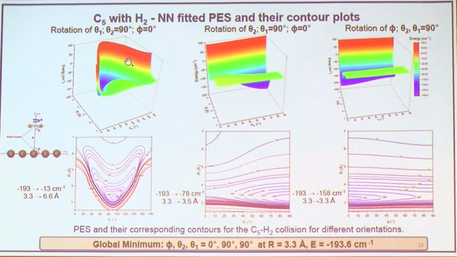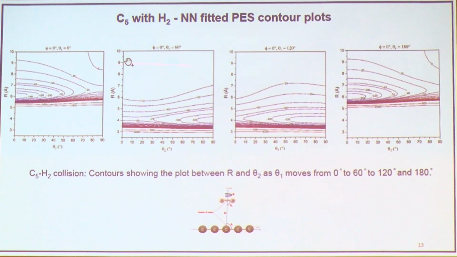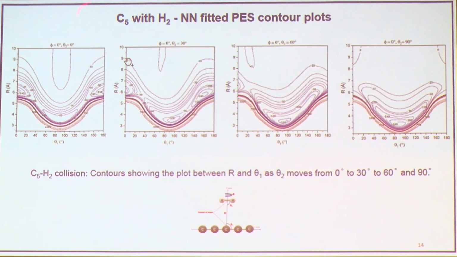That's the global minimum, and the well depth is found to be minus 193.6 centimeter inverse. These are some of the plots, just to show how anisotropic the system is. You can see that with different rotations, the contour keeps changing. Similarly, there are more plots, which show the rich anisotropy in this surface.